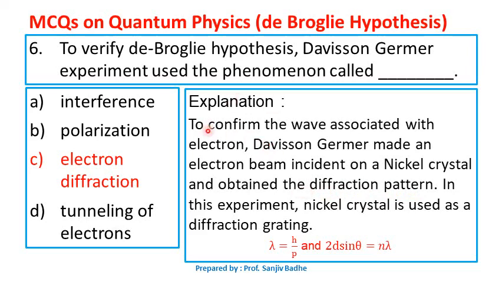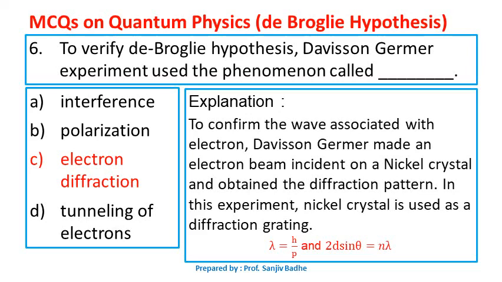Further, Davisson and Germer calculated the wavelength using de-Broglie hypothesis, and they calculated the wavelength using Bragg's law of diffraction also, and they found that the wavelength calculated using de-Broglie hypothesis matches with the wavelength calculated using Bragg's law of diffraction, and this confirms the de-Broglie hypothesis.